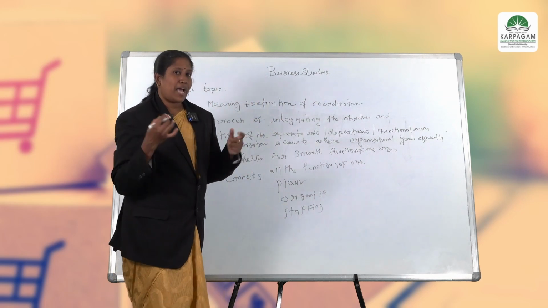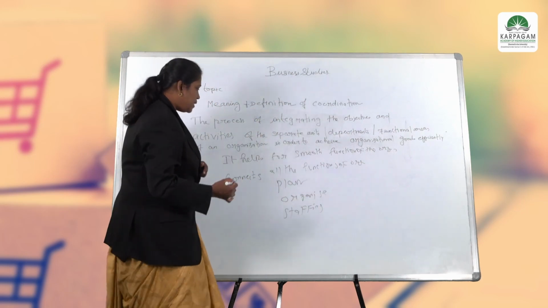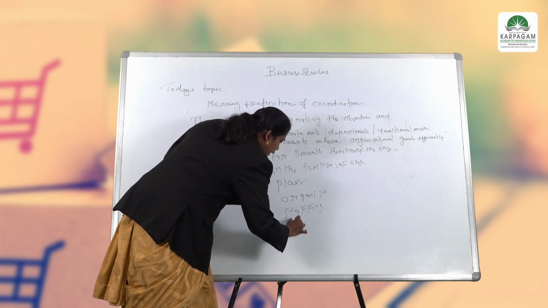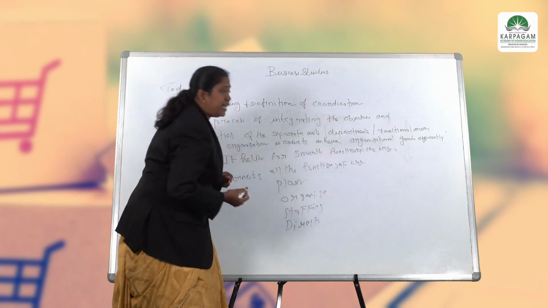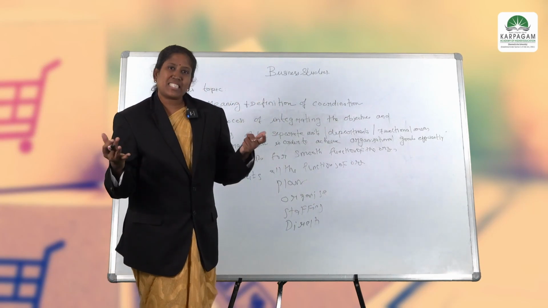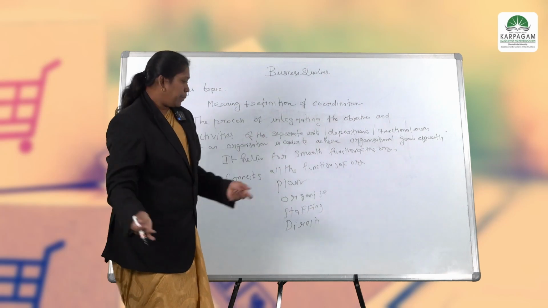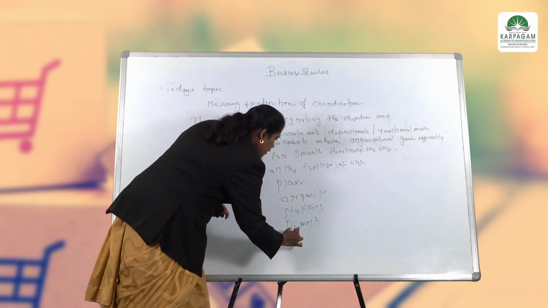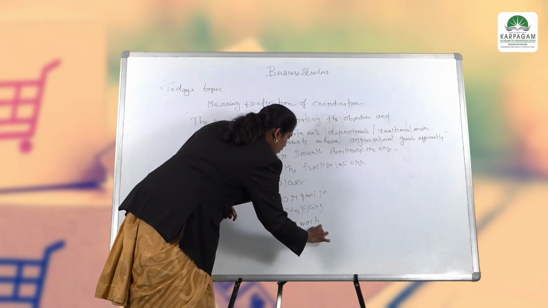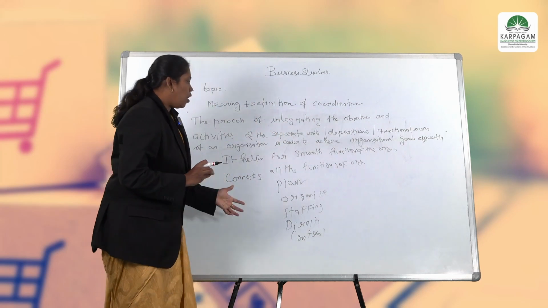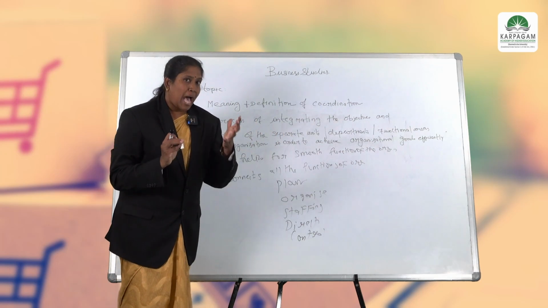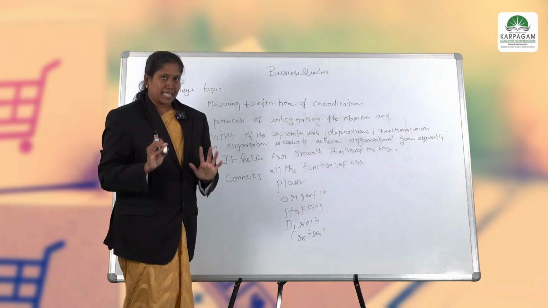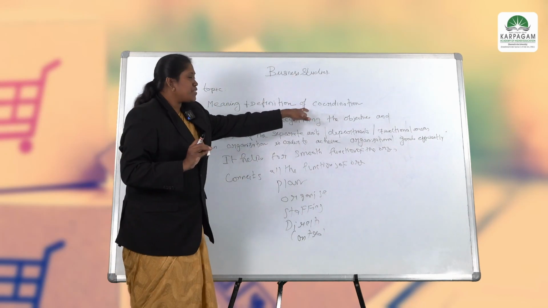Staffing is nothing but we have to recruit the workers. Next one is directing. Directing is nothing but we have to motivate our staff members to do their work very perfectly. And the last one is controlling. So all these functions must happen in a very smooth manner. In this sense, coordination is very important for the organization.